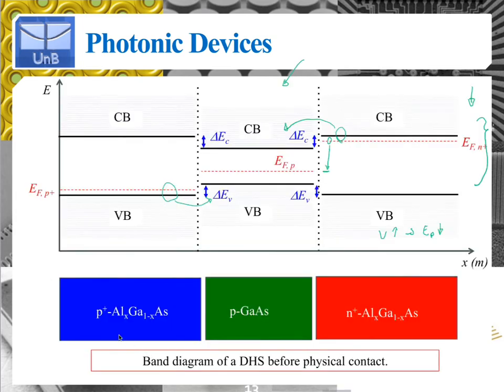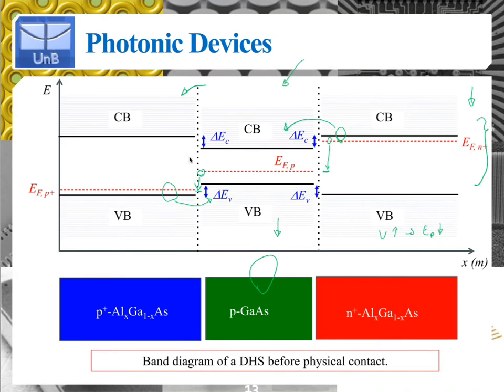So again, because of this flow of holes which are positively charged, the green material here will be at a higher electrostatic potential V, and therefore will be at a smaller potential energy. So again, the band diagram of this material will move down with respect to the band diagram of the material on the left, and this will happen until this Fermi level aligns with this one right here.